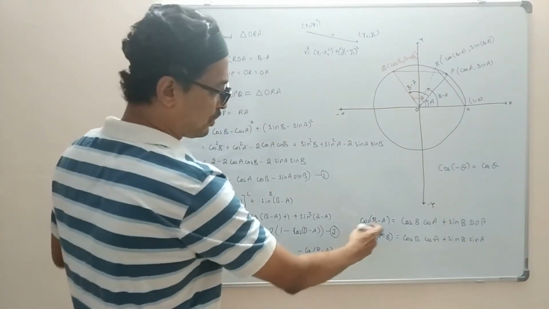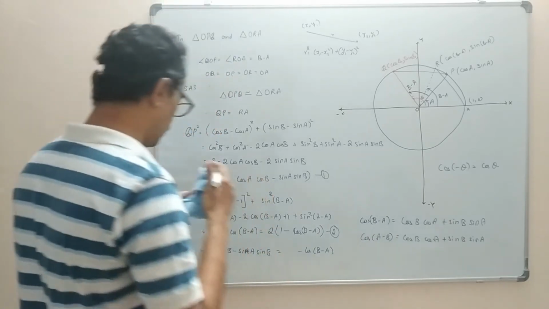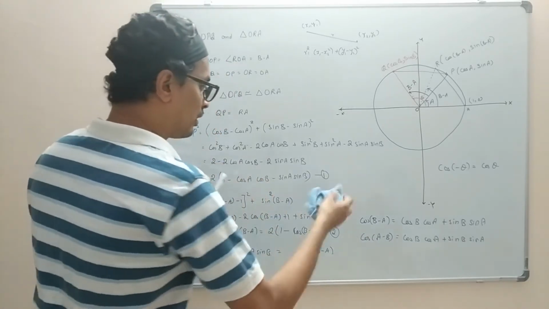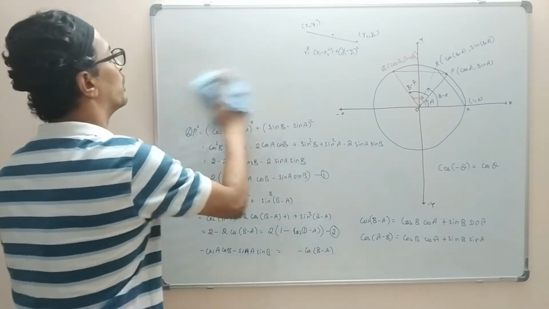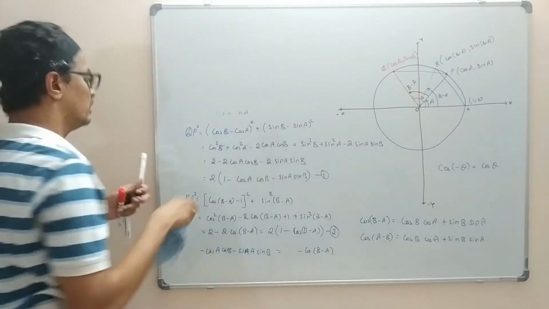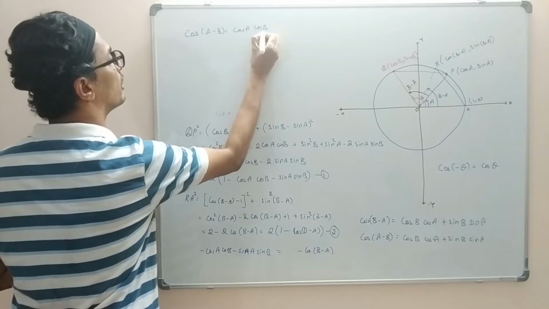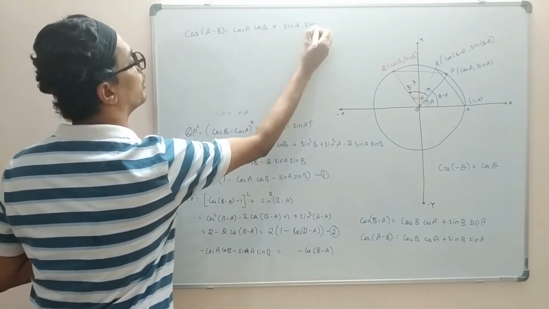Therefore, a minus b or b minus a doesn't matter for cos. So we got the first relation: cos a minus b equals cos a cos b plus sin a sin b.